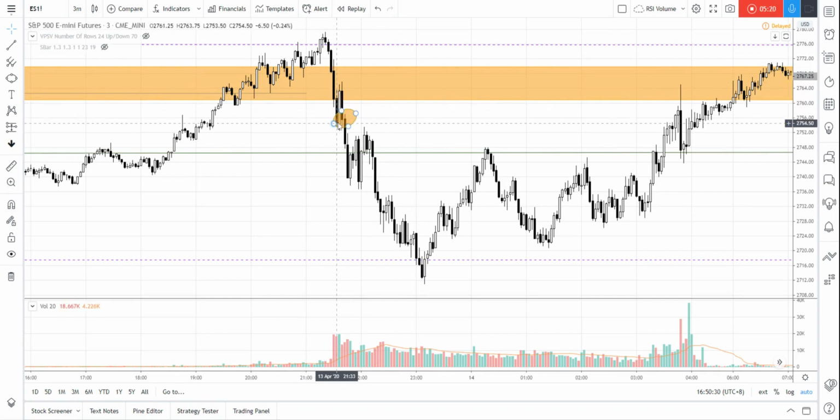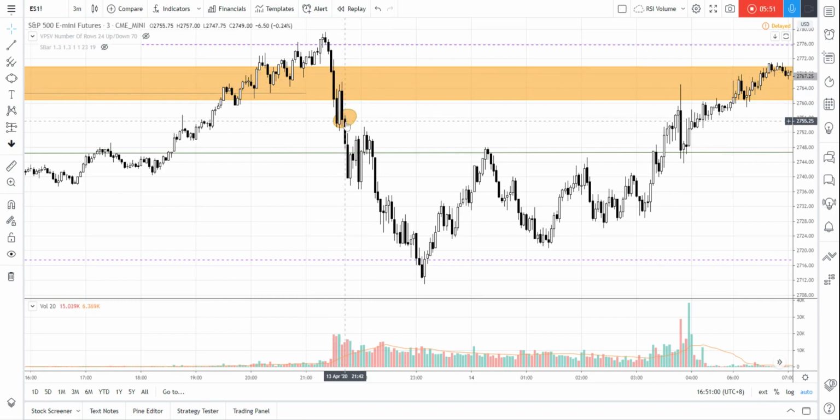This is one of the key areas or levels that I pay attention to. Once it breaks this area, it becomes a resistance. After the first wave down, I'm looking at a reaction or a rally up. This bar here is a rally up to test this resistance, followed by a rejection.